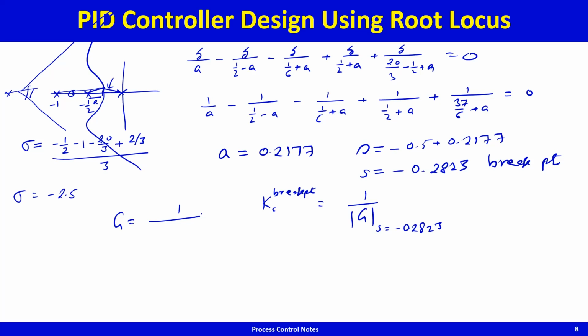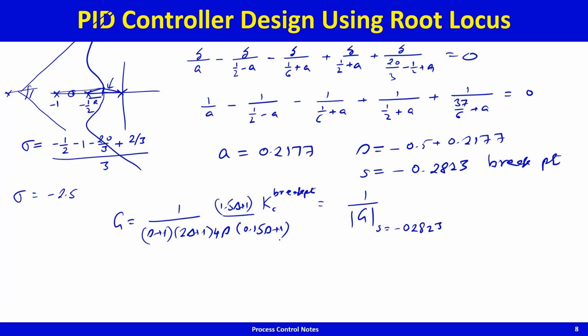So G would be S plus 1, 2S plus 1, 4S, 1.5S plus 1 divided by 0.15S plus 1.